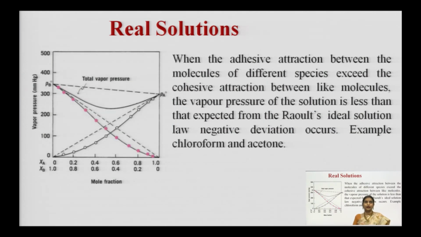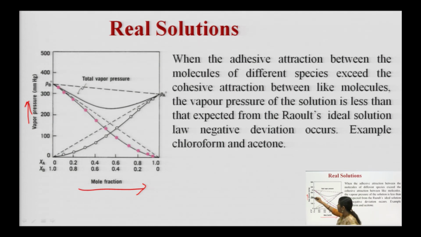So, first we will read what is negative deviation. Again we have drawn the graph, taking vapor pressure on the y axis and composition, expressed in mole fraction, on the x axis.